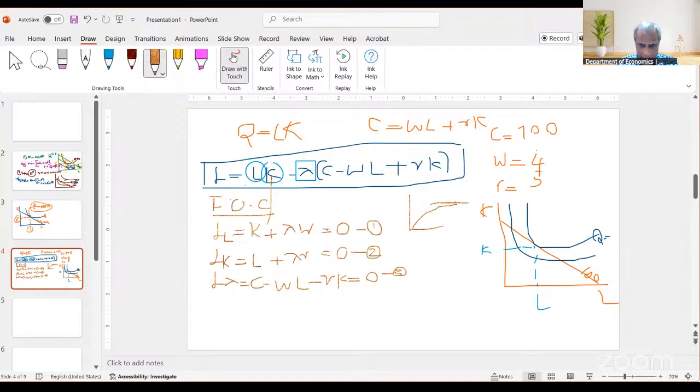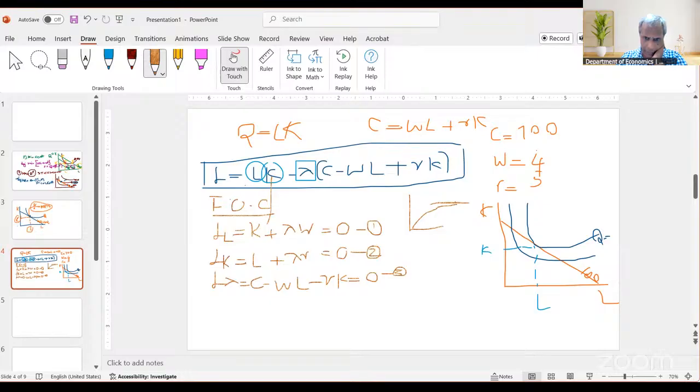Why do we set them equal to 0? Because at the optimum point, we want to find the first differentiation, we have to set it equal to 0. So last time, when I taught you differentiation rules, I discussed those things.